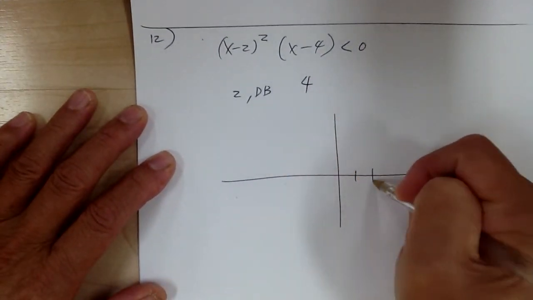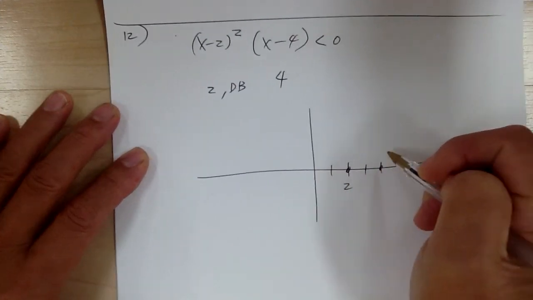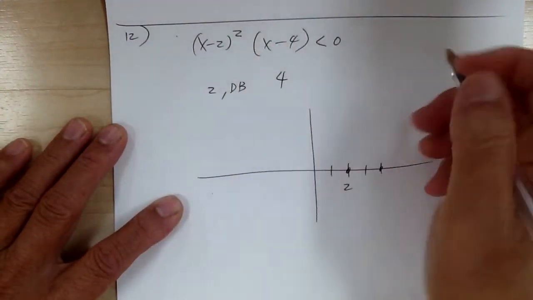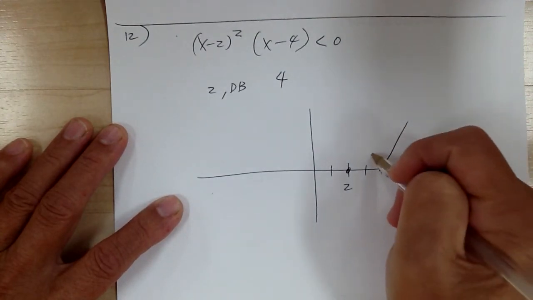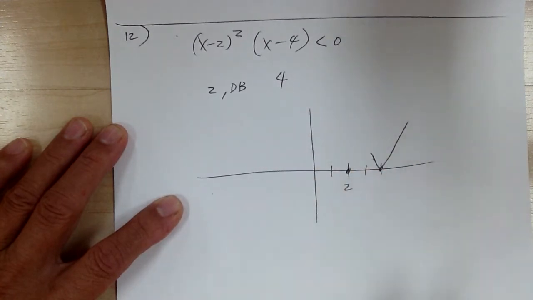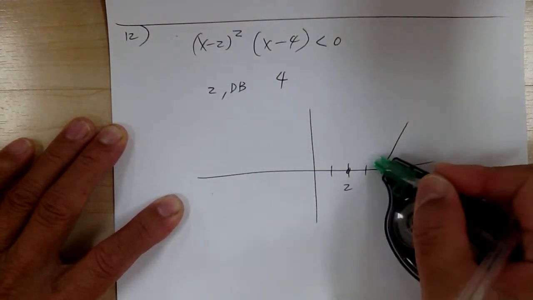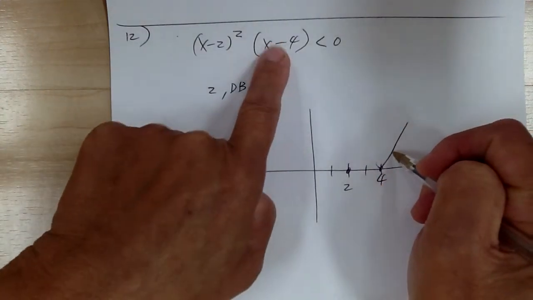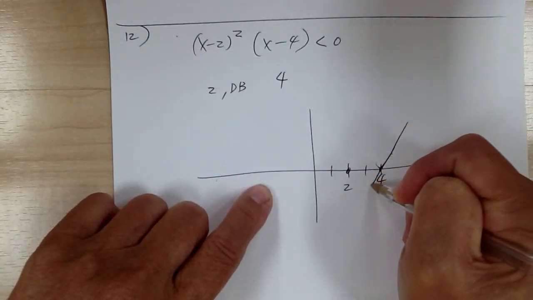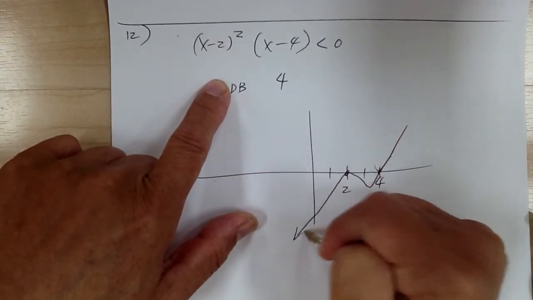So you're going to get 1, 2, this is the double, and 4. In the graph, again, this is going to be positive, so it's pointing up. The 4 is a single root, so it goes through, and the 2 is a double, so it doesn't go through, so it bounces back out.